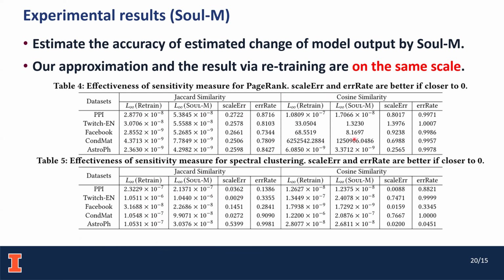And this result, I think, is consistent with intuition, because PageRank depends solely on the graph structure, so it is more suitable to use the Jaccard similarity, while spectral clustering often applies cosine similarity to further do the clustering. Therefore, the cosine similarity would be more suitable for it.